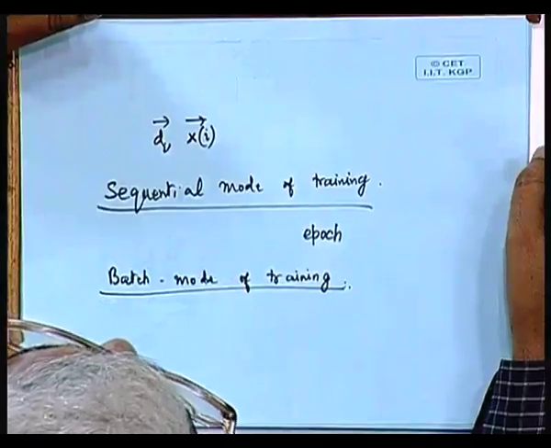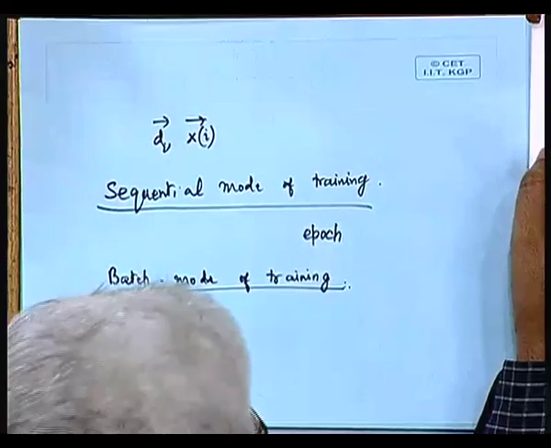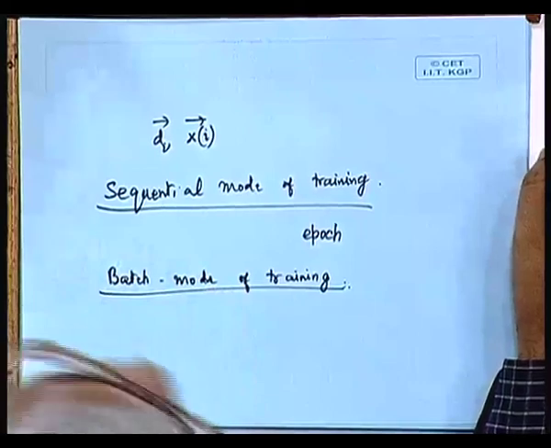What is in your mind? Let me hear from one or two of you. Which one would you prefer? Sequential. Is it a consensus in this house? Everybody feels sequential. Okay, any one good reason for choosing sequential and rejecting the batch mode?